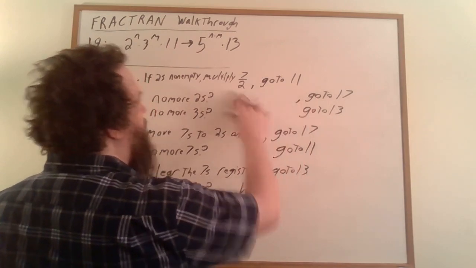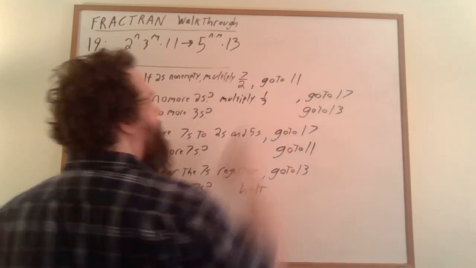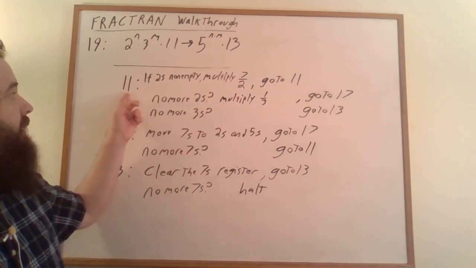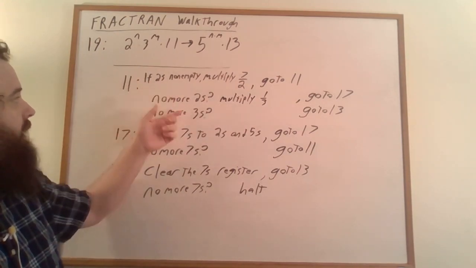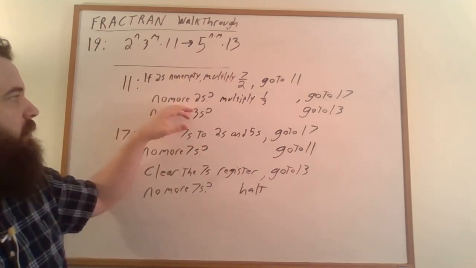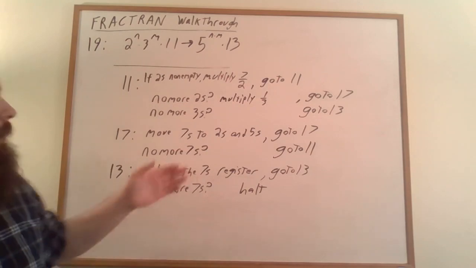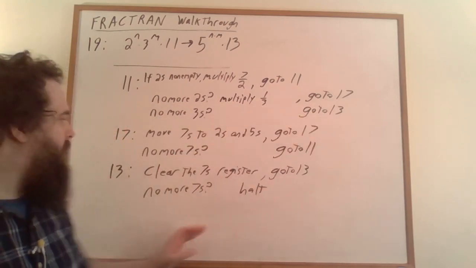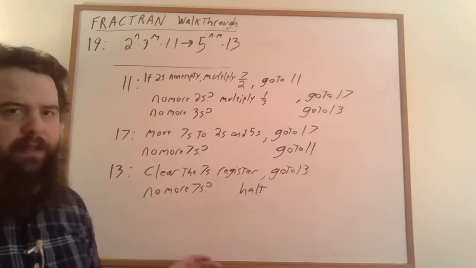We want to multiply by 1/3. And if we're in state 11 and the 2's are empty and the 3's are also empty, so we can't do either of these two things, then we're done. We want to go to state 13. 13 is going to require a little bit of cleanup, but we're pretty much done at this point.